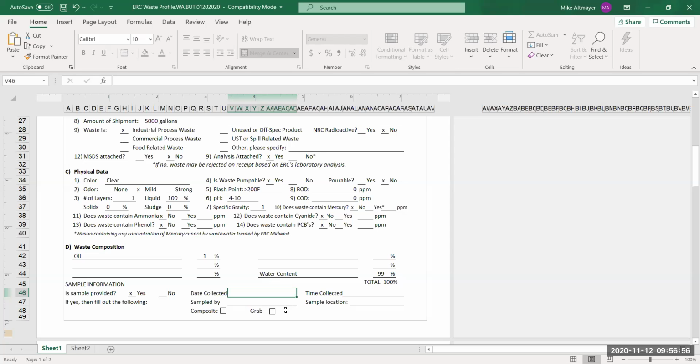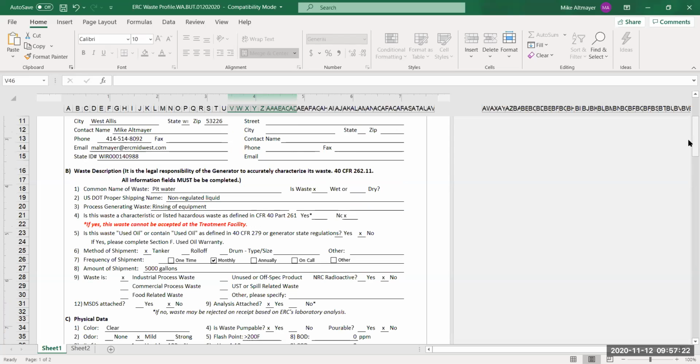A grab sample is just one container per tank, let's say. So if you had a series of tanks, you could take a sample of each and combine them all into one container, assuming they're all relatively similar in their properties. If they're different, then you want to take a different grab sample from each tank.